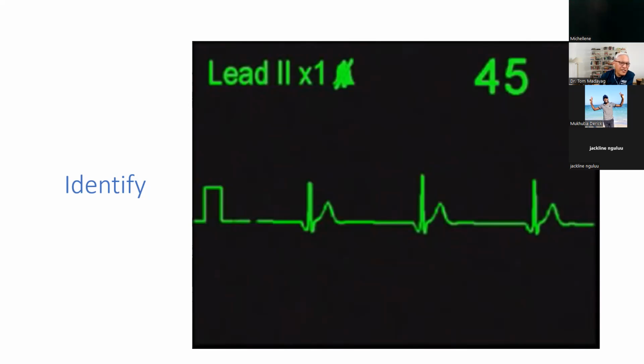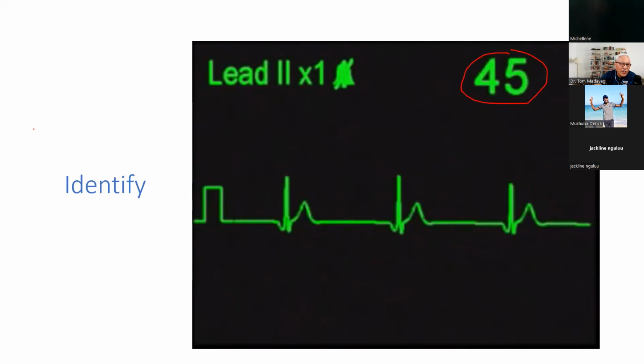Okay, so let's discuss. If we're looking at the rate, it actually is going to tell us that there is bradycardia. So you're correct in identifying that there is a bradycardia. However, when we take a look at the P waves, what do you notice about the P waves?